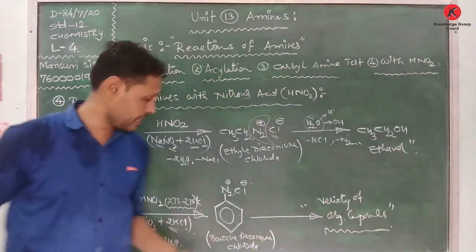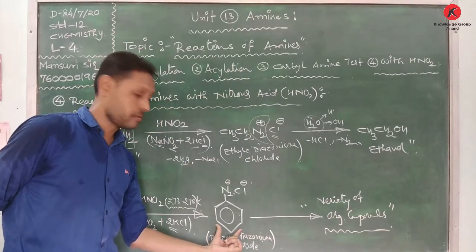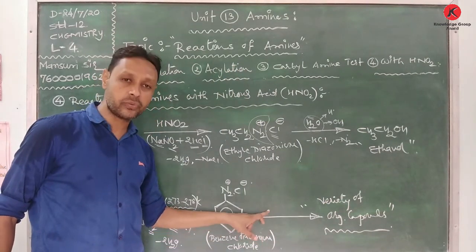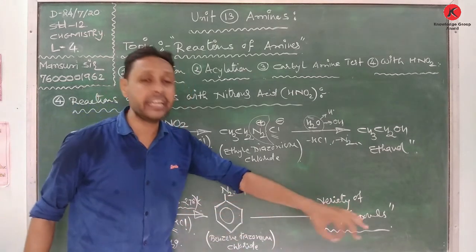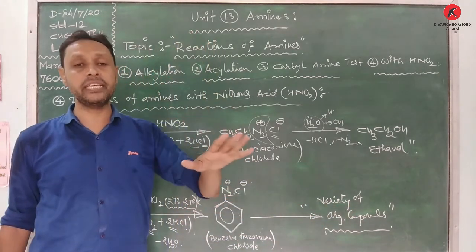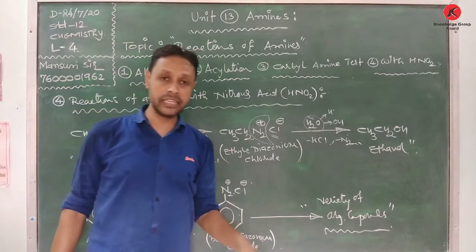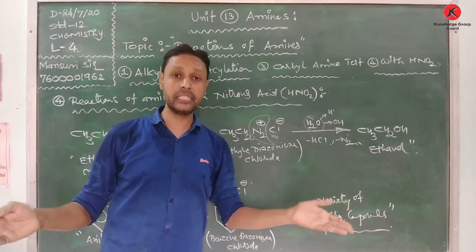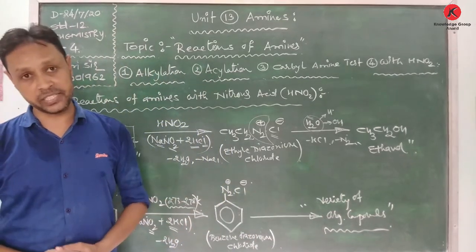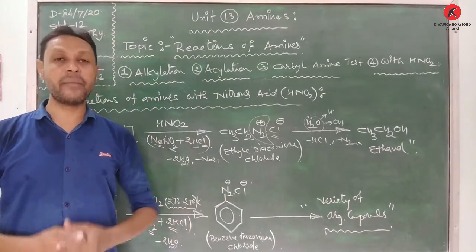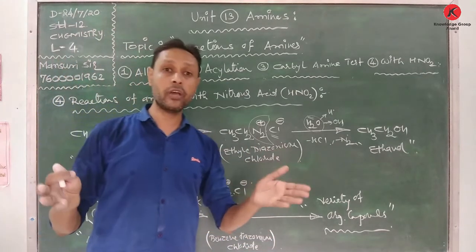So this substance reacts with other organic compounds and makes a variety of compounds like benzene, nitrobenzene, chlorobenzene, fluorobenzene, bromobenzene, and a variety of dyes like orange dye, para-hydroxyazobenzene, para-aminoazobenzene.